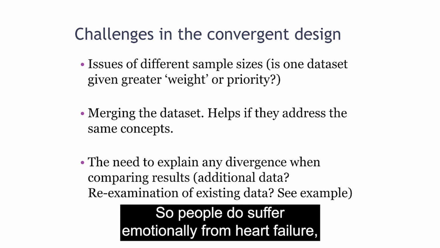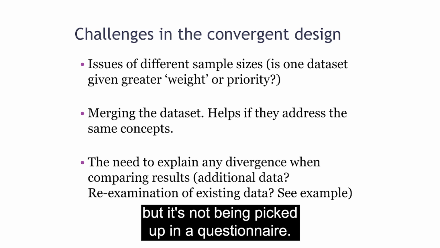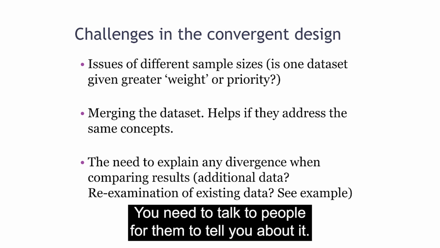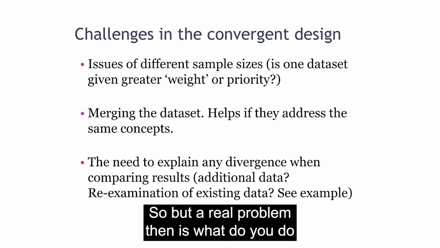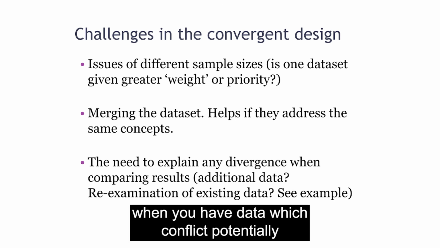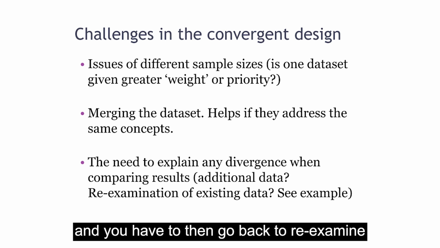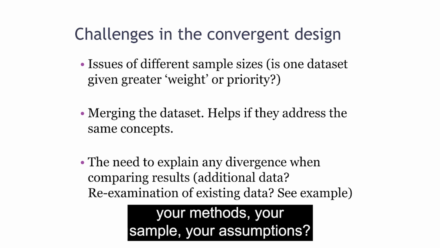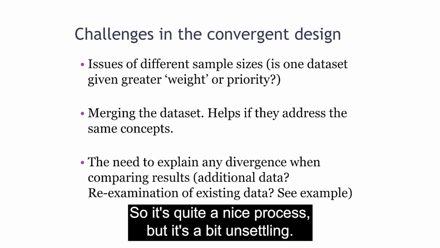So people do suffer emotionally from heart failure, but it's not being picked up in a questionnaire. You need to talk to people for them to tell you about it. But a real problem then is, what do you do when you have data which potentially conflict? You have to go back and re-examine your methods, your sample, your assumptions. So it's quite a nice process, but it's a bit unsettling.